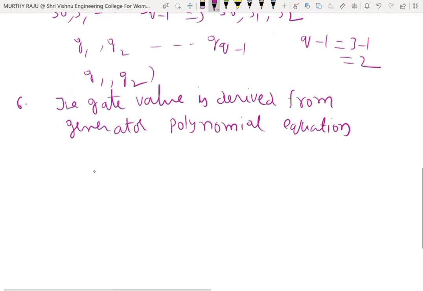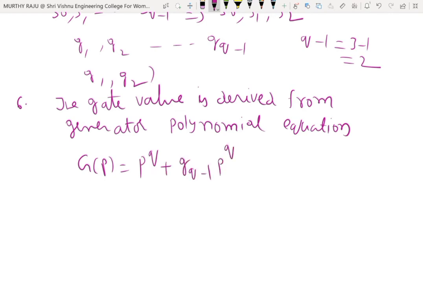Therefore, G(p) is equal to p^q plus g(q-1) p^(q-1) plus g(q-2) p^(q-2), and so on, plus g1 p plus 1.